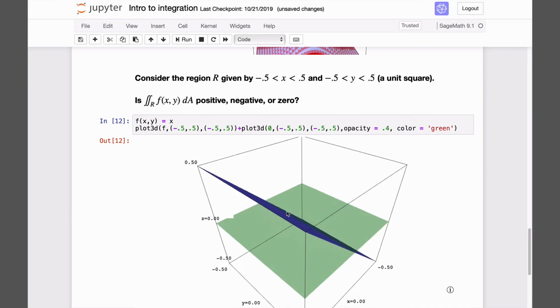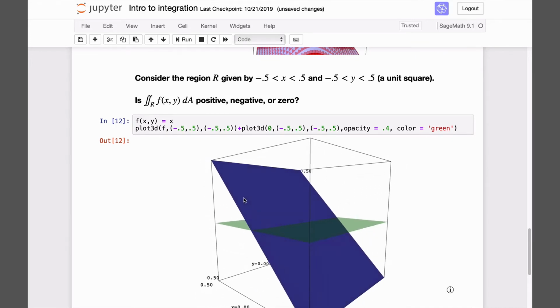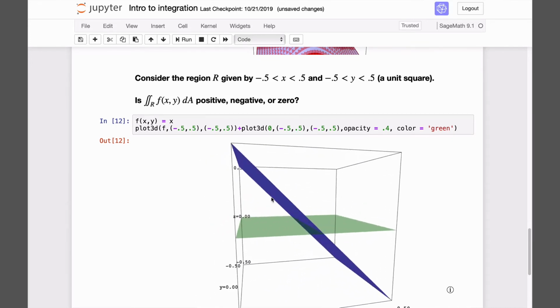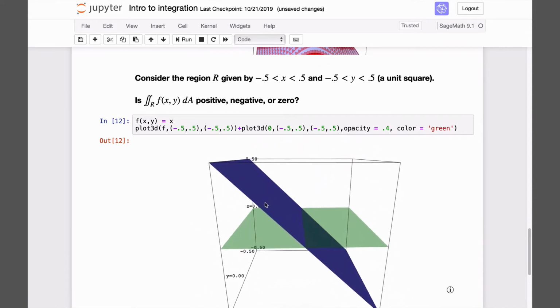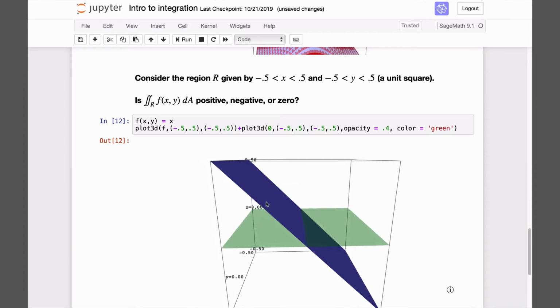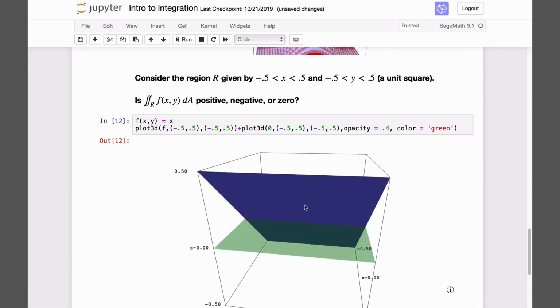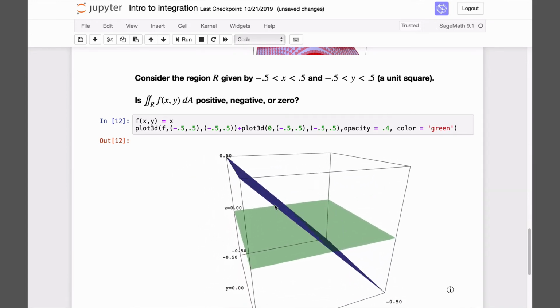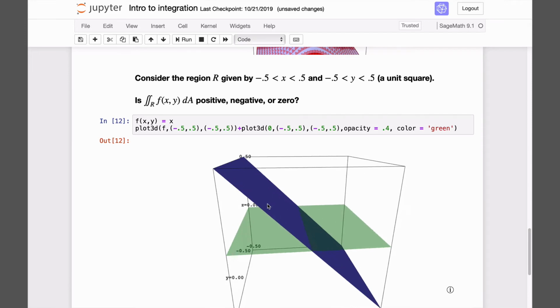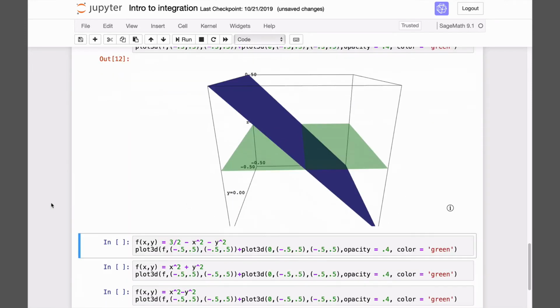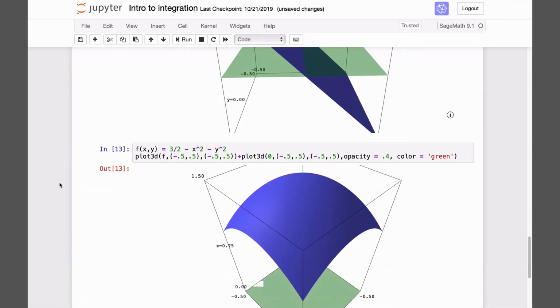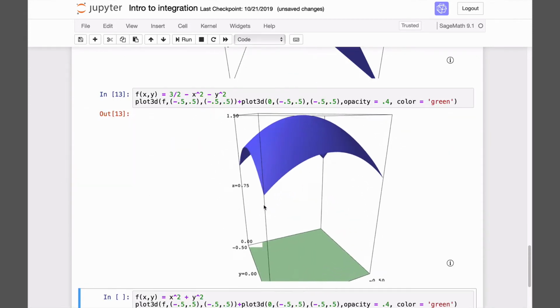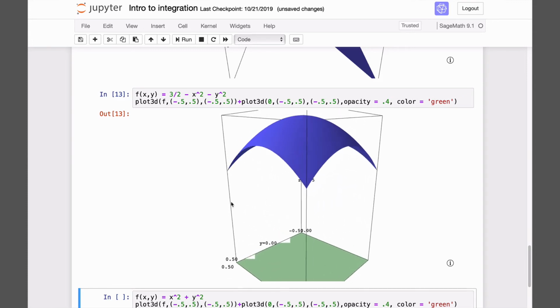All right, here's a graph of the function f(x,y) = x. We can see that a portion of it is above the xy plane, a portion is below the xy plane. And you can think about what the integral on this region would be. A graph of the function 3/2 minus x squared minus y squared.